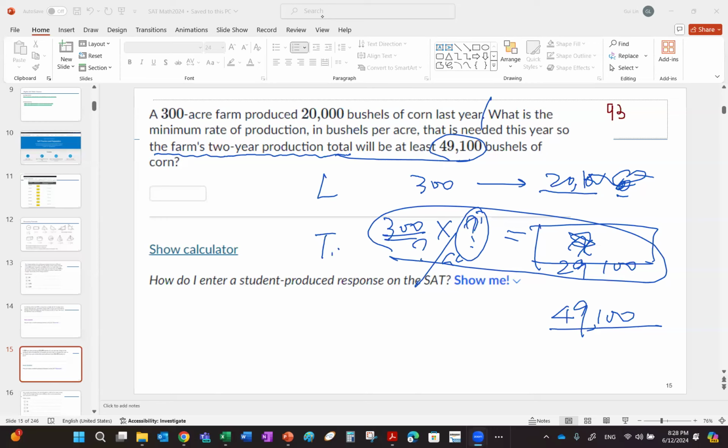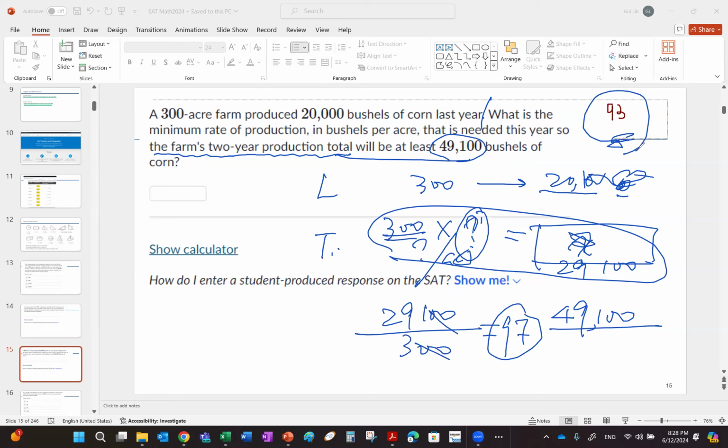Okay, so this question goes to 29,100 over 300, right? Would it be 97? 93 maybe not, right? 97 is close. 3, 9, 27, and 21 divided by 3 gets 7. So your answer would be 97.